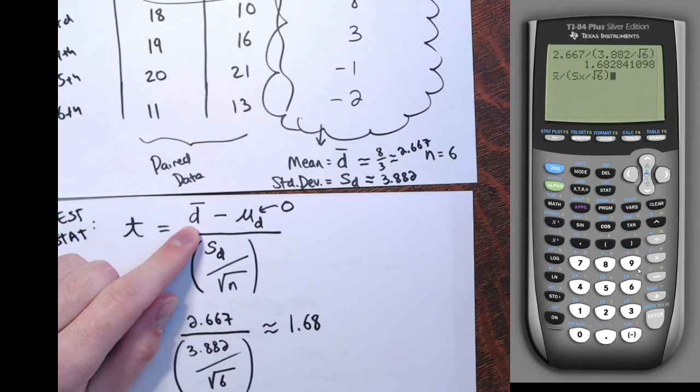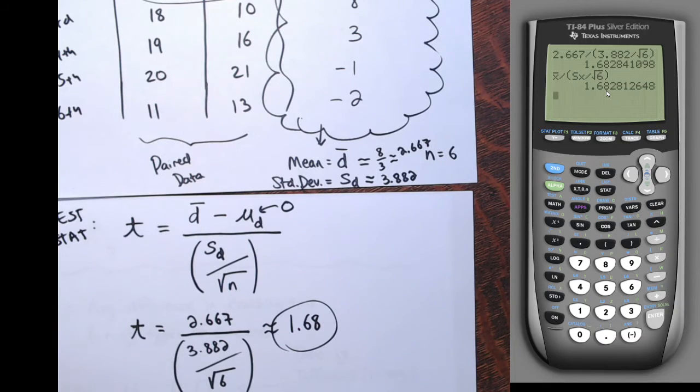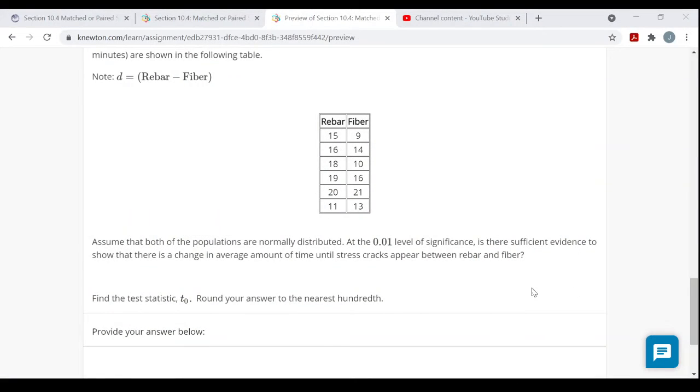This will be a little more accurate. So, they both round to 1.68 though, so that's nice. Didn't throw anything off too much by rounding. So yeah, 1.68 is the t-score, the test statistic for my sample.